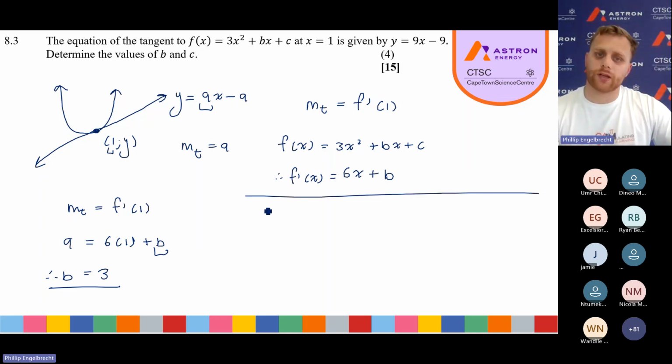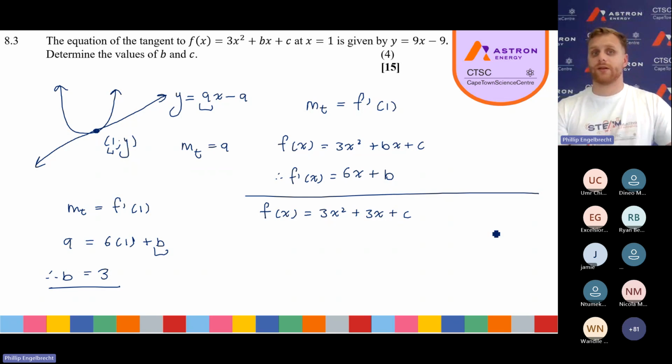Okay? So I get that f of x is equal to 3x squared plus 3x plus c. Okay? Now I need to find a point to substitute in. All right? I have the x value for this point. I just need to find out what the y value is, okay?